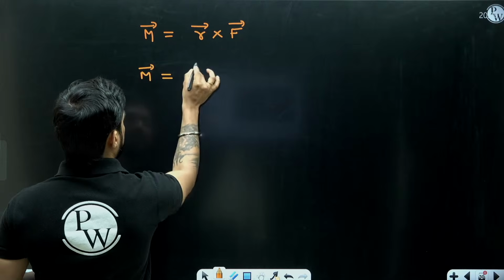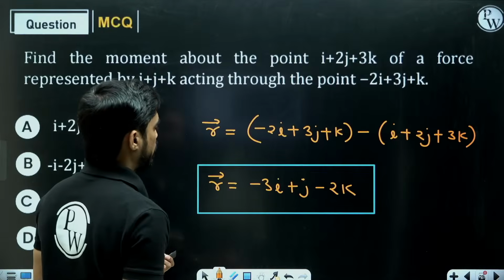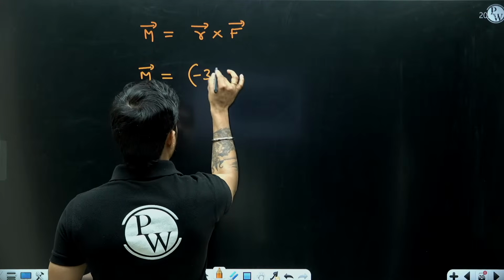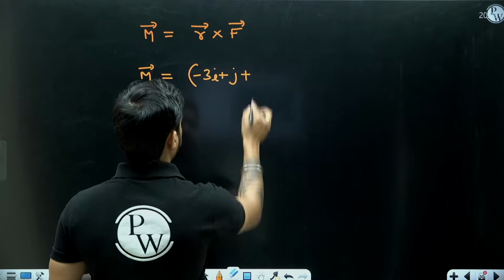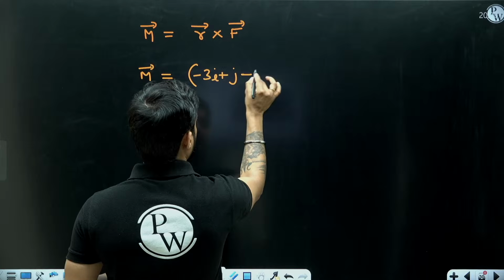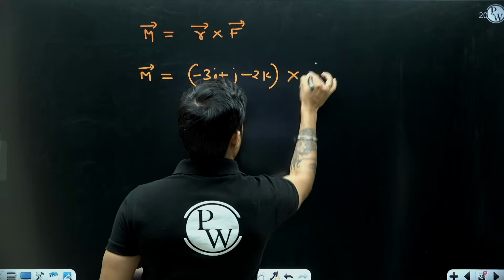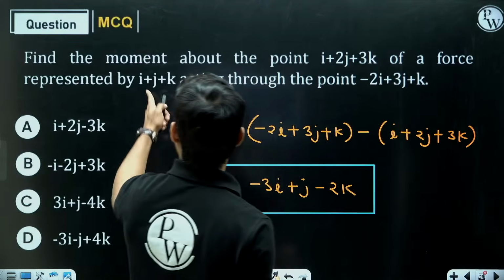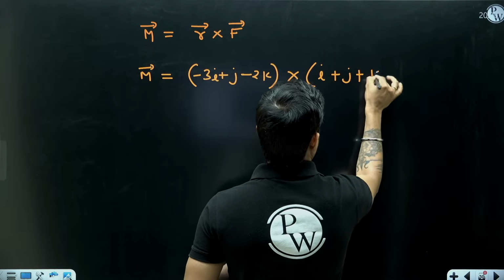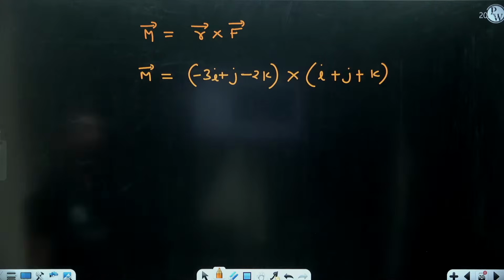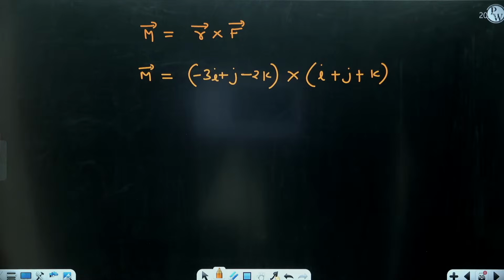So m is equal to the position vector, minus 3i plus j minus 2k, multiplied by the force vector, i plus j plus k. Now we need to find the cross product of these two vectors.